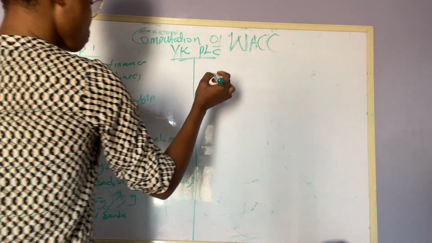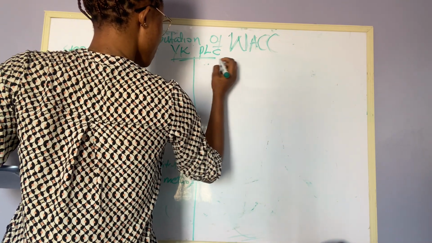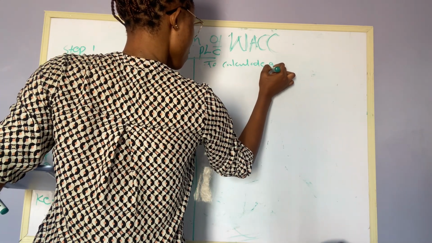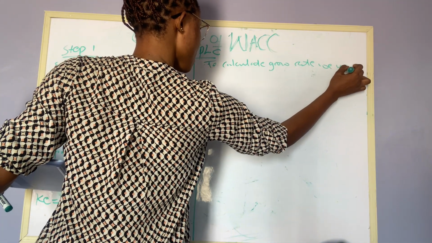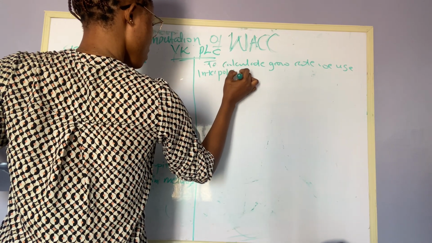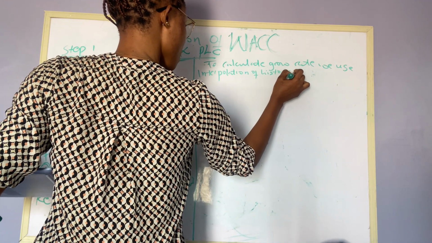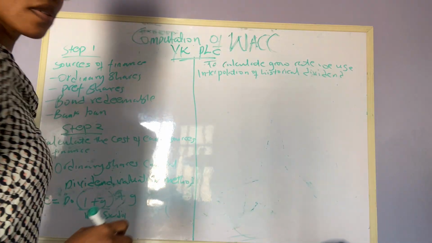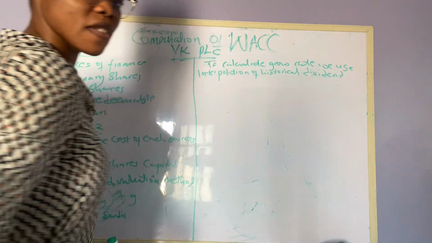So to calculate growth rate, we use interpolation of historical dividends.